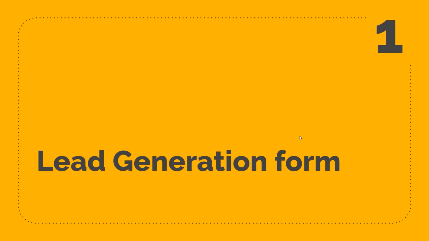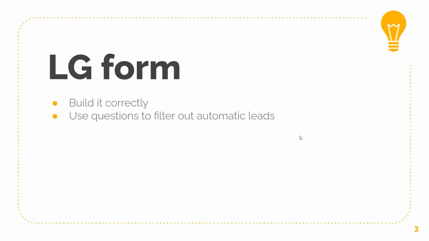So in order to make sure that you actually collect good quality leads, you need to work on your lead form. First of all, you need to build your lead generation form. And then my second advice is to use questions to filter out automatic leads. I will show you in a bit a few examples of how I would use a lead generation form, or how many questions I would use, and so on.